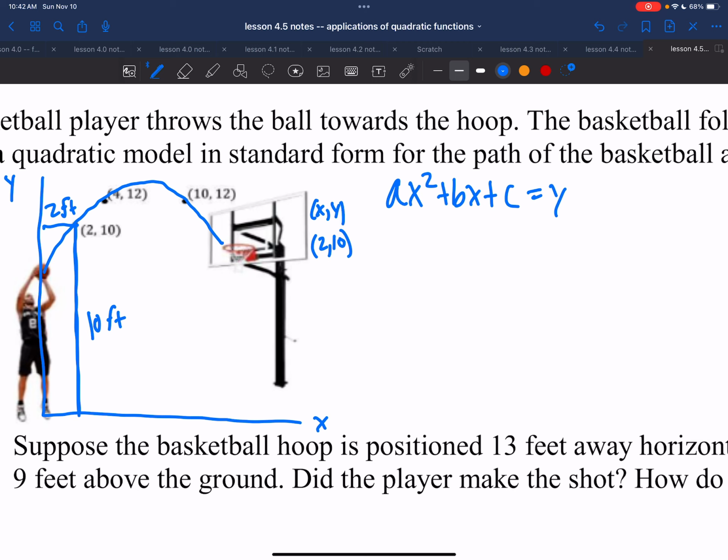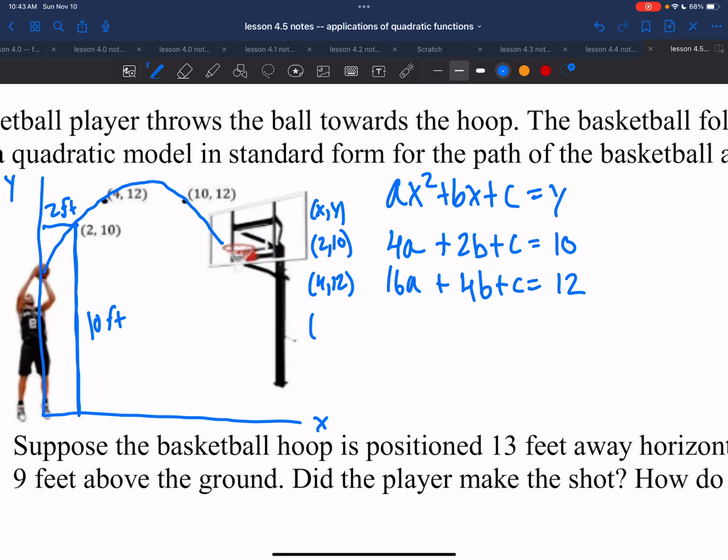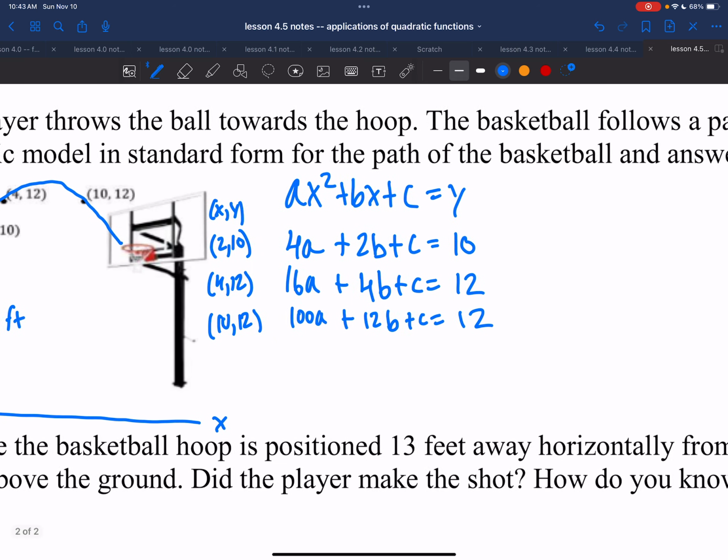So x is 2, so it's a times 2 squared. 2 squared is 4, plus b times 2 plus c is the y value, 10. And then you do 4 comma 12, and you say 4 squared times a is 16a, plus 4b plus c is 12, the y value. And then the last one is 10 comma 12. 10 squared is 100a, plus 10b plus c is 12 again.